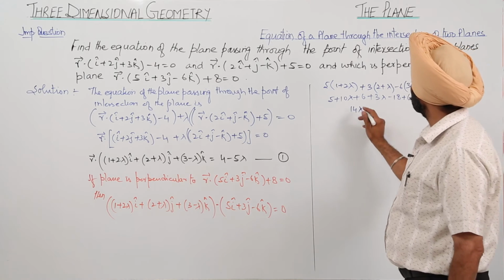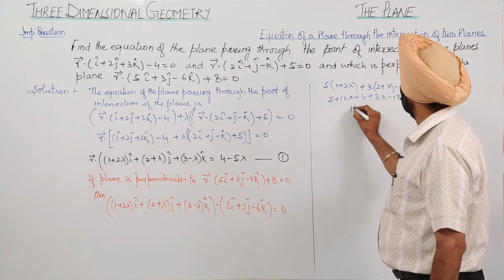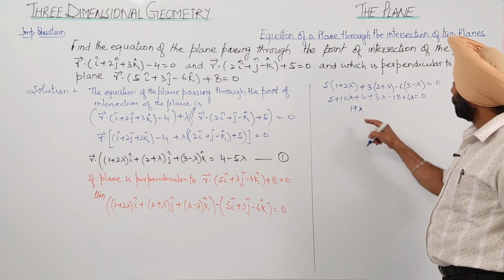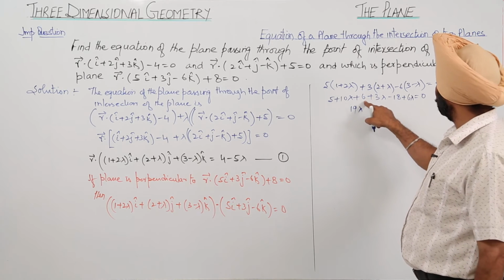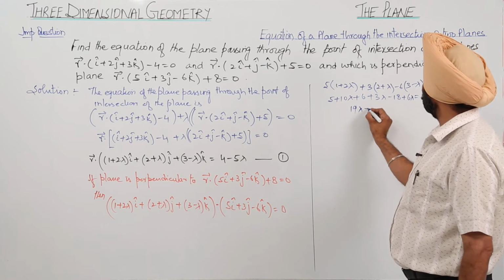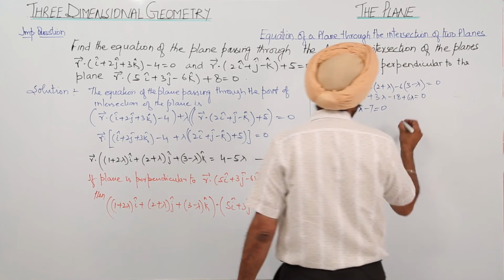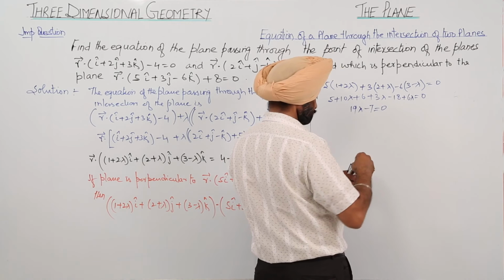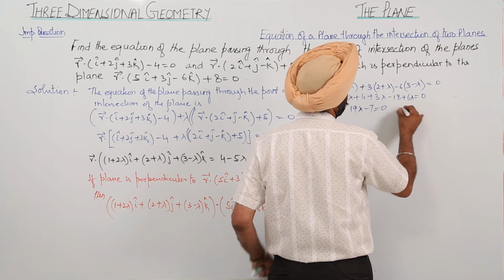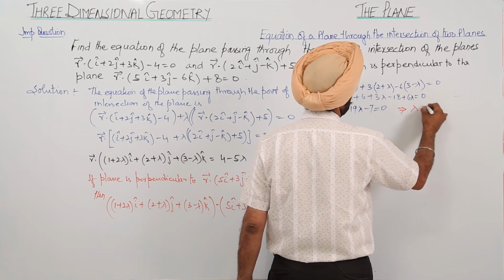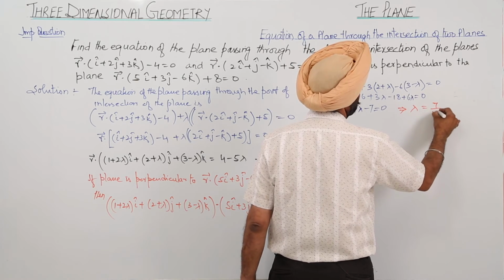So this becomes 19 lambda. Now 19 lambda, then we are having 5 and 6, 11, 11 minus 18, negative of 7 is equal to 0. So now lambda is what? This implies lambda is equal to 7 upon 19.